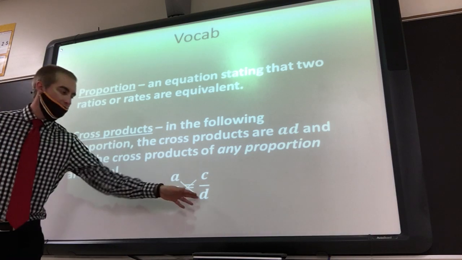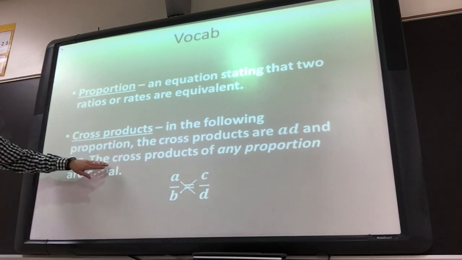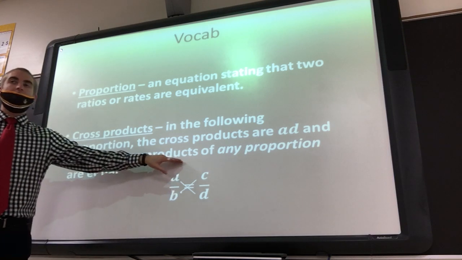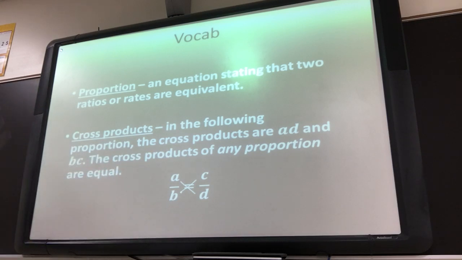And notice that last sentence there, the cross products of any proportion are equal. This is going to allow us to solve all of our problems today. So the cross product, you just multiply across the equal sign, and the cross products of any proportion are going to be equal. And that allows us to solve these proportions.